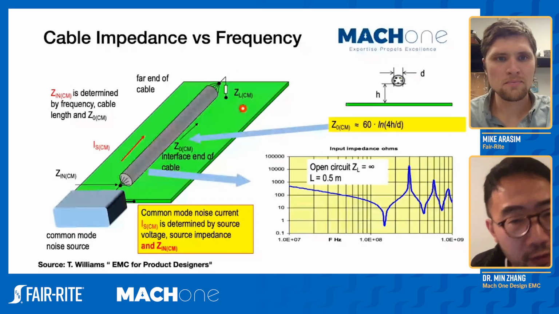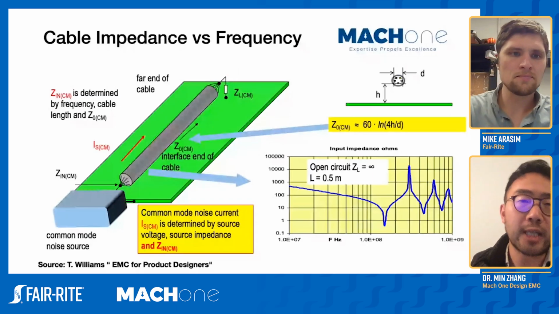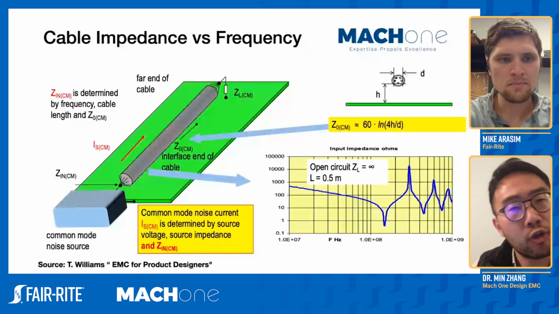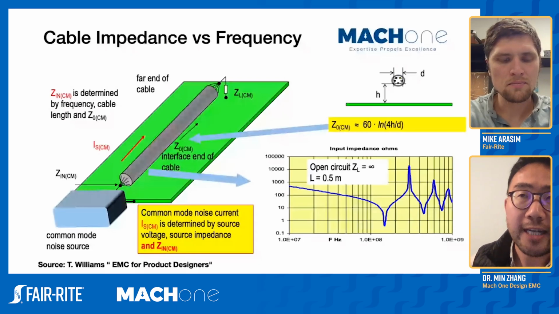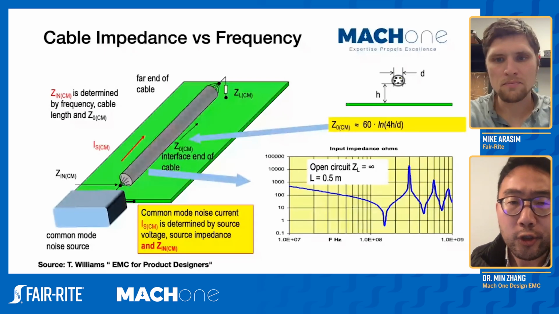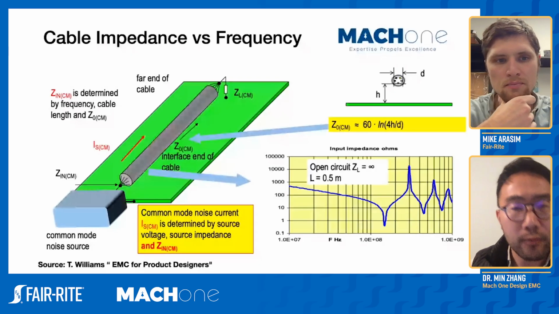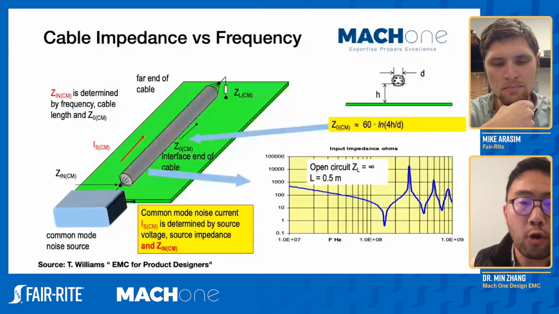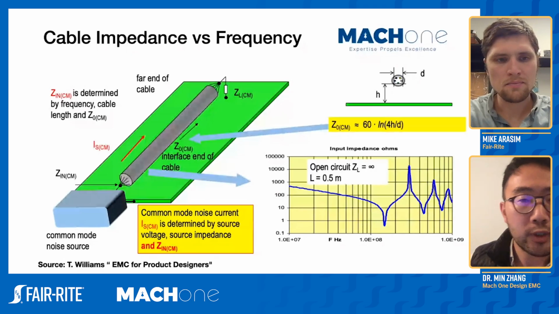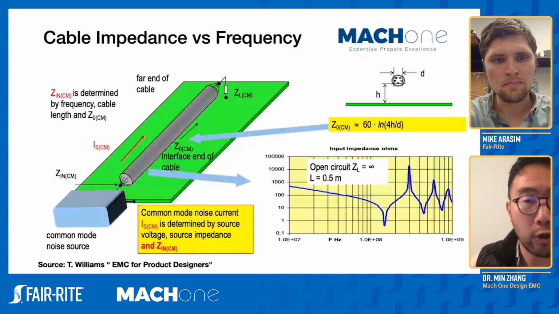If it is connected to a very large metallic equipment, we often treat this connection as a low impedance. But if it's connected to a small plastic component, then we often treat it as a high impedance. So again, we have these uncertainties, as we don't know the impedance on both sides of a cable connection. So where shall we put the ferrites? That's often the question we get asked.